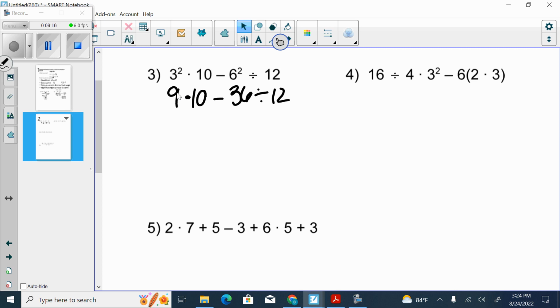Multiplication starting on the left. So what is 9 times 10? 90. Good. Minus 36, which is nice. So all that's left to do here is subtract, so our answer is very good.